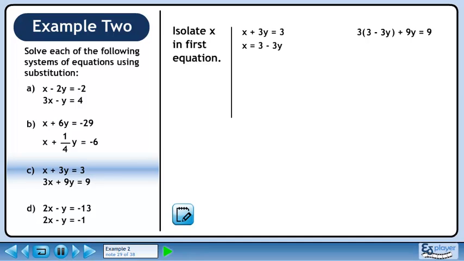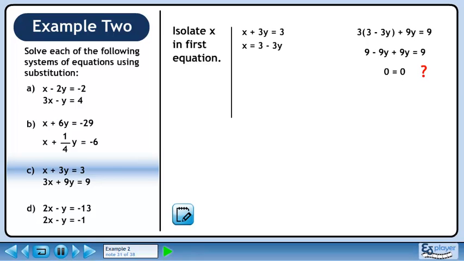Substitute 3 minus 3y for x in the second equation, as shown in the animation. Multiply the 3 through the brackets. When we attempt to solve for y, we end up with 0 equals 0.